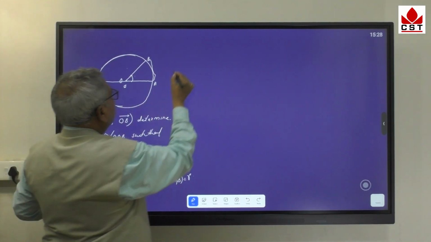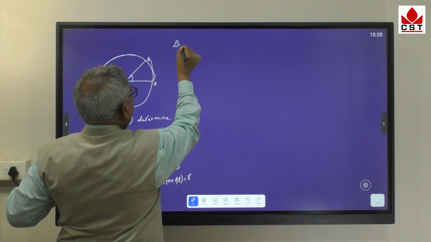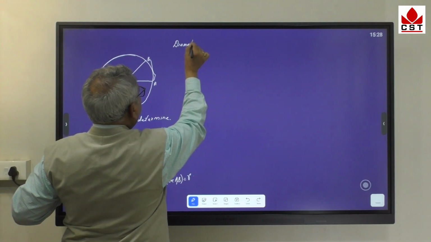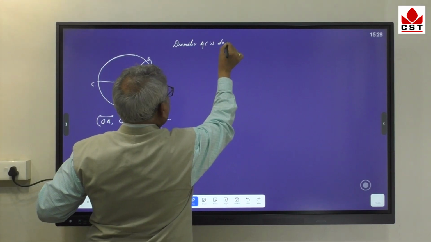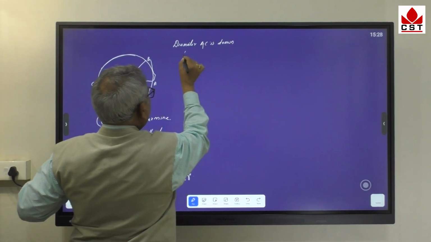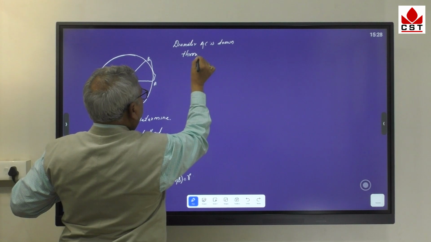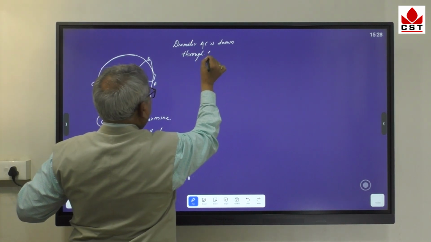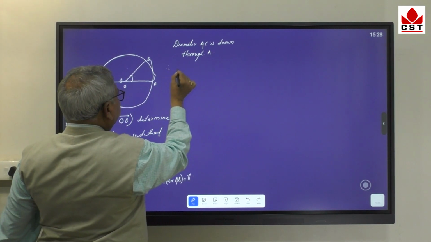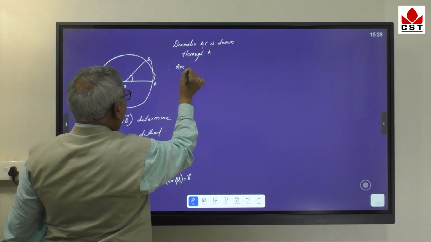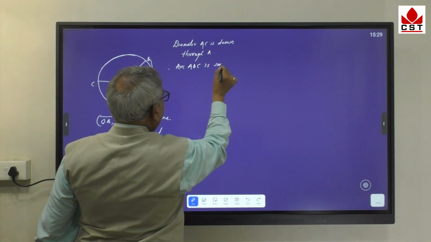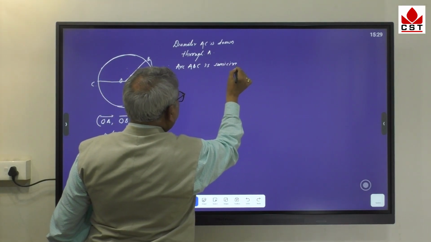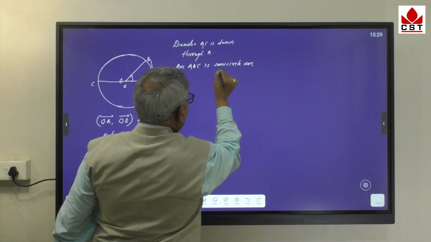Diameter AC is drawn through A. Therefore, arc ABC is a semi-circle arc.